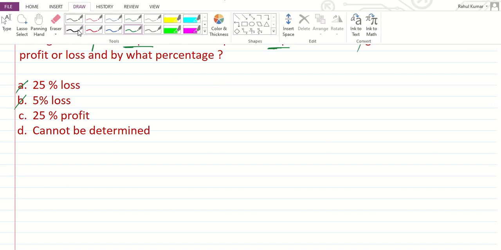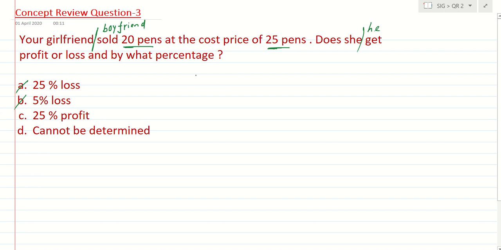If you see the screen, I need your complete concentration on the screen, everyone. So 20 SP, can you say 20 SP? SP means selling price, must be equal to 25 CP. Any doubt? Yes or no? Super.